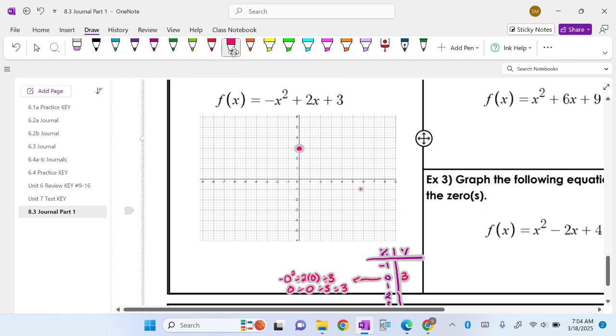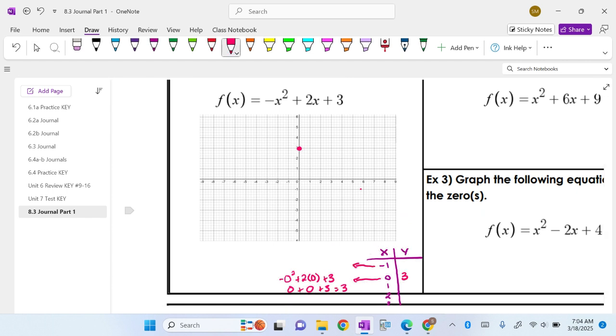So if I did it as -1, I would have -1 squared plus 2 times -1 plus 3. -1 squared is 1 times a negative is -1. 2 times -1 is -2 plus 3. So that'll be -3 plus 3, which is 0. So this would be -1, 0.